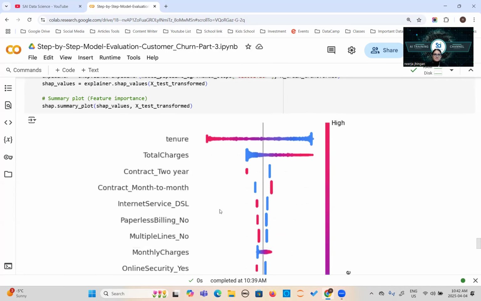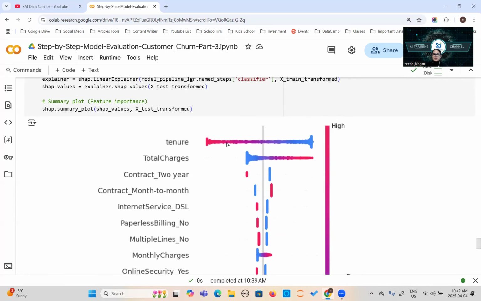Now look at this tenure. It is showing negative values and positive values too. This means your tenure is helping your model to predict the values correctly. It is pushing the model towards the prediction.